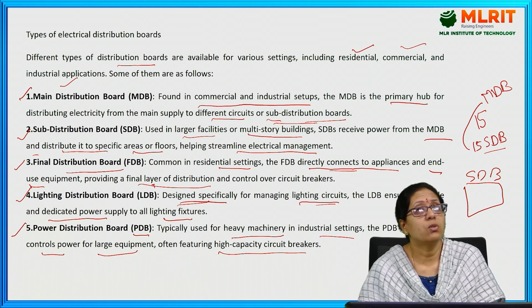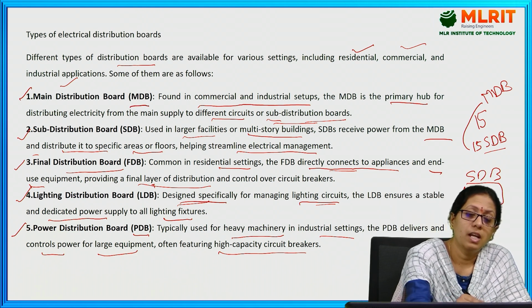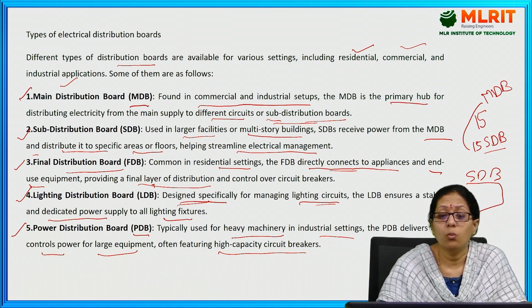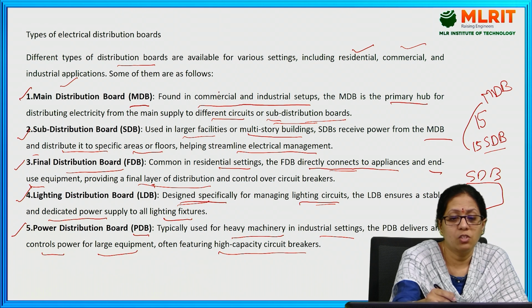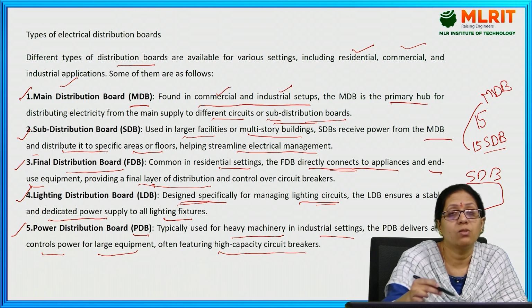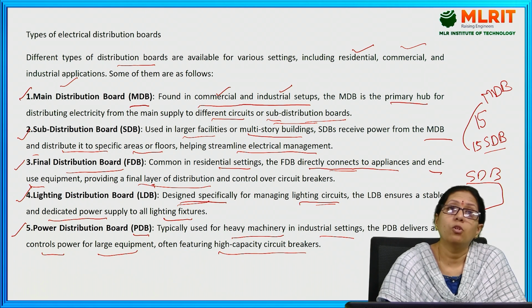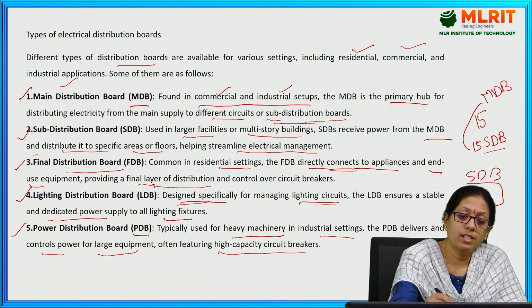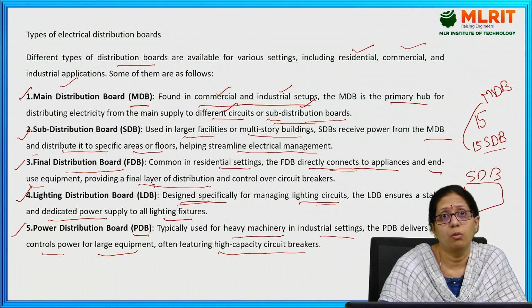The first one is MDB, main distribution board, which is mostly used in commercial as well as industrial setups, and is mostly connected to different circuits or to the sub distribution boards.